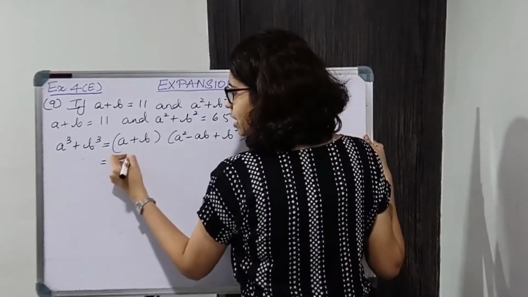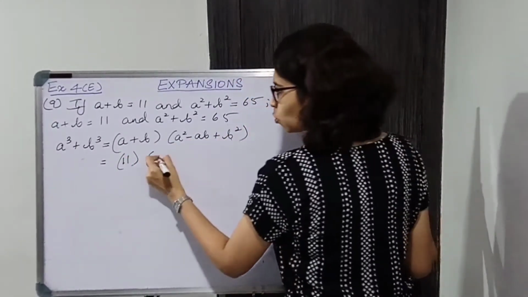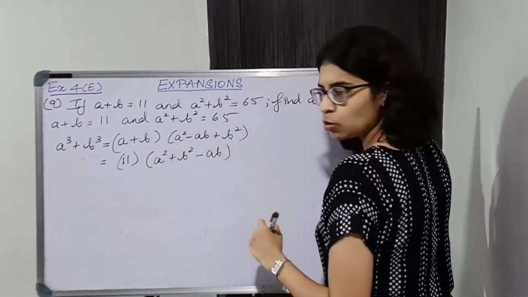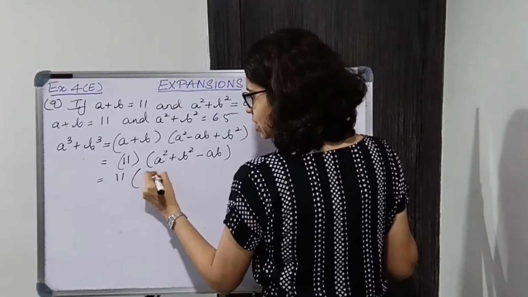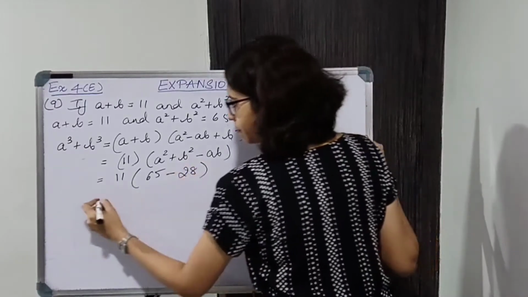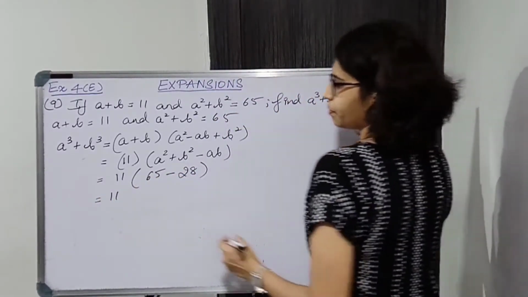a plus b is 11 into a square plus b square we know, so group them, minus ab का value also we know. So 11 into a square plus b square is 65 minus ab is 28. So 11 into 65 minus 28.